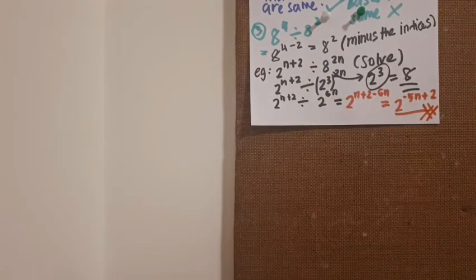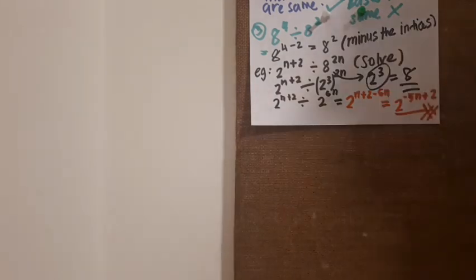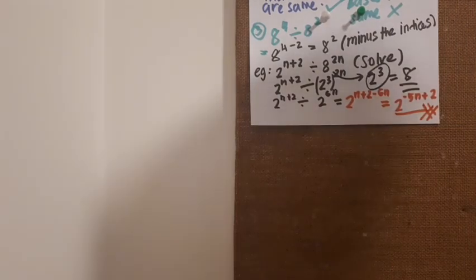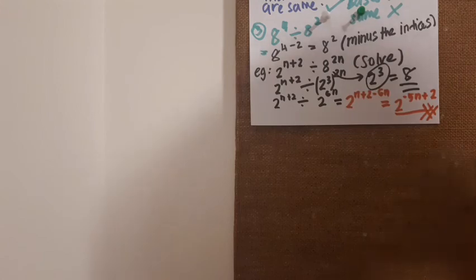So this is how you solve or simplify, whatever you want to call it, but always make sure you make the bases same. And how to make the bases same? You have to look for the smallest base and change the other bases to the smallest base. You need the bases to be same to do the calculation.